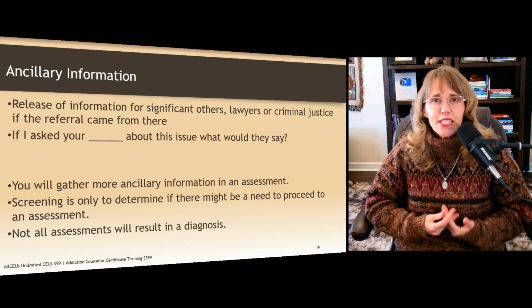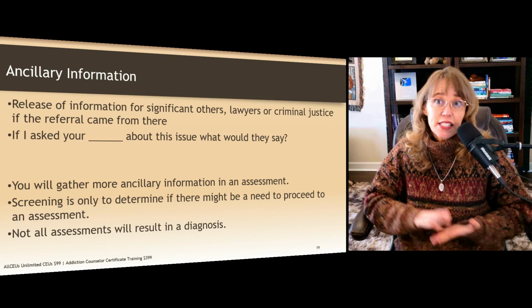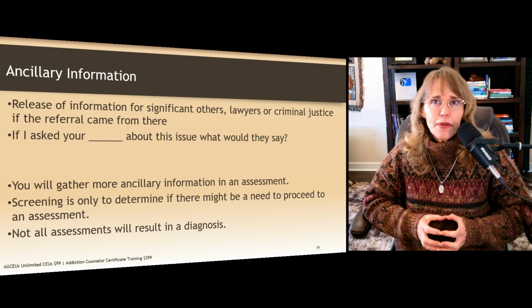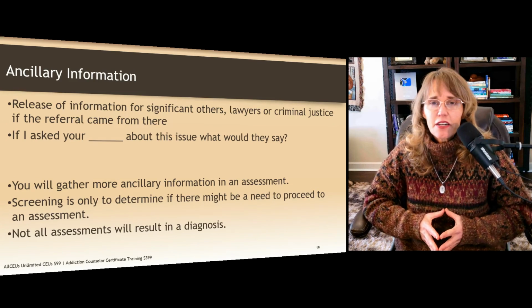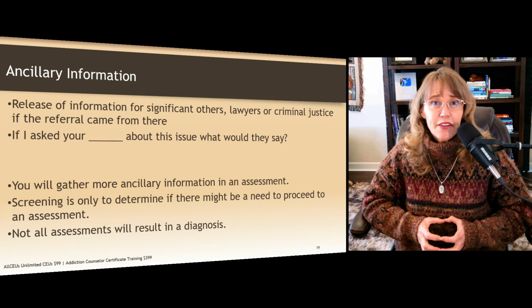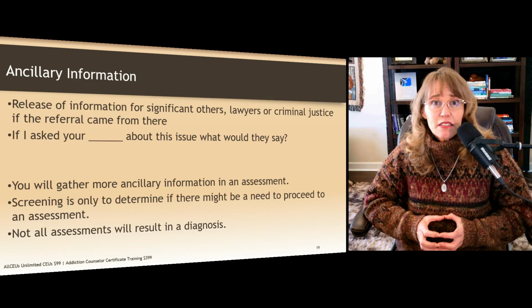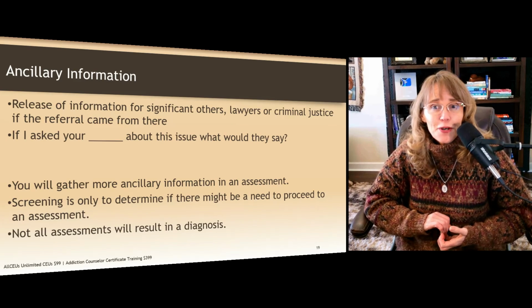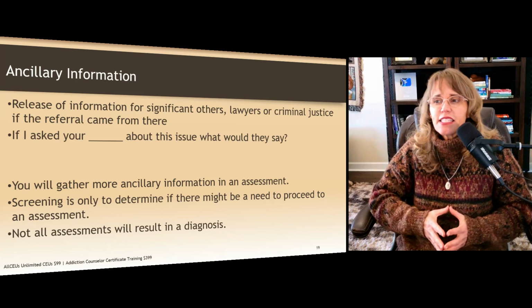When I worked with involuntary referrals from the criminal justice system and the civil justice system, I insisted that they bring me a copy of their rap sheet, their convictions and their arrest sheet. And that was just part of the ancillary information. You can also ask them, if you can't get a release for talking to other people, if I asked your mother or your spouse or your kids about this issue, what would they say?